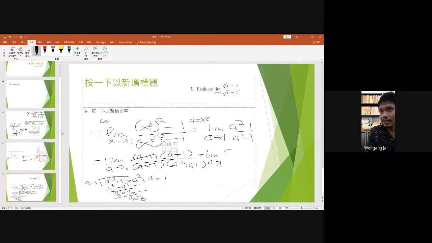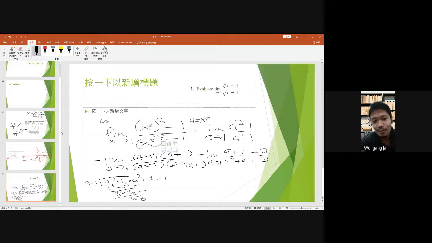So this is the limit of a plus 1 over a squared plus a plus 1. So it becomes 1 plus 1, 2, over 1 plus 1 plus 1, 3. So that's it.